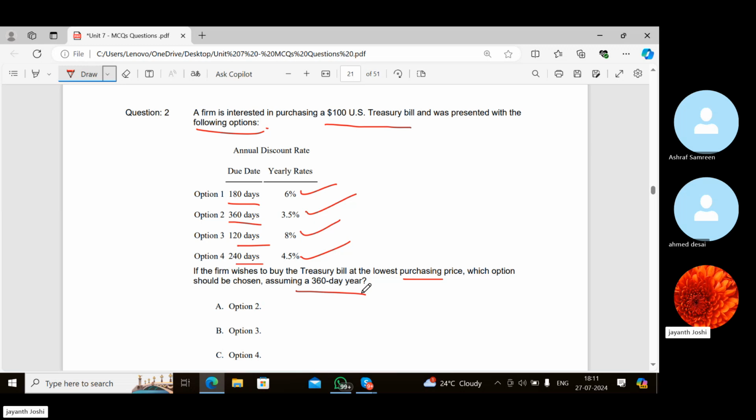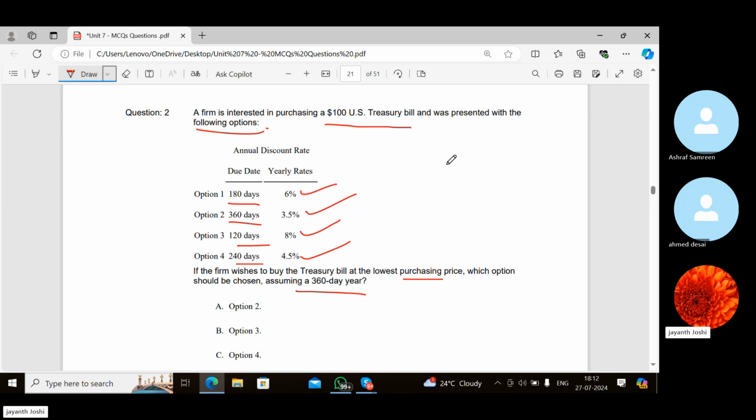See, generally, I would like to tell you any particular treasury bill is a discounted instrument. That means issued at discount and redeemed at par. These are not coupon paying bonds. So what we can do is determine the amount of interest the lender will earn. Let's say if you are giving money to the government as a loan, you are the lender, right?